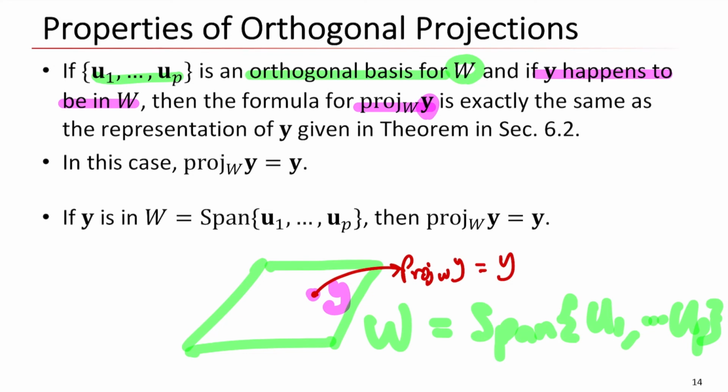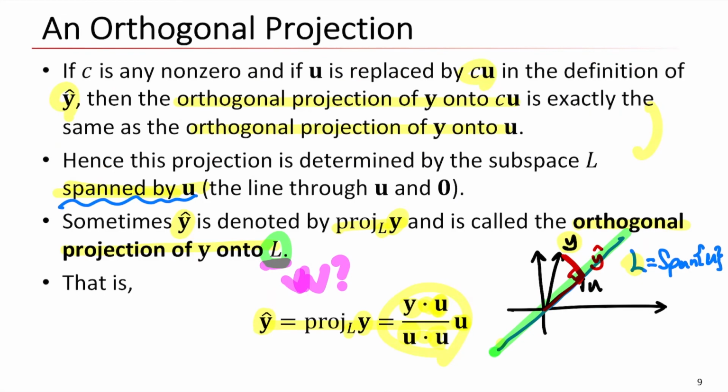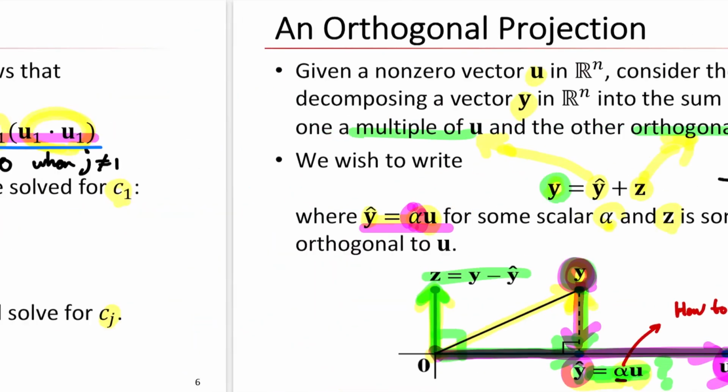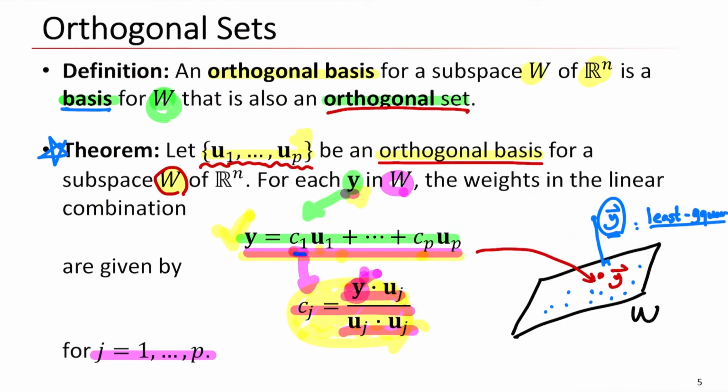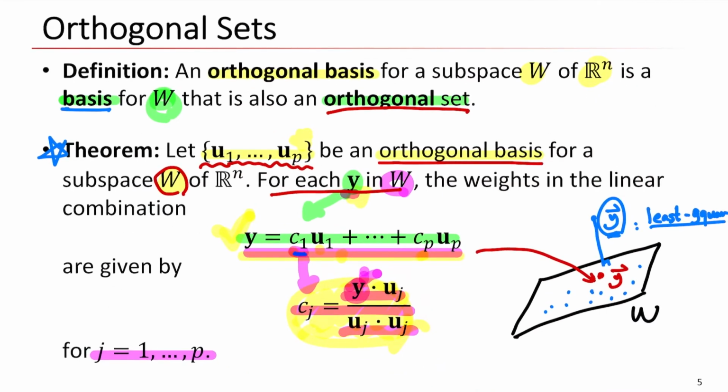Why? Because if you go back to the theorem in our lecture 9.2, where is the theorem? Here. This one, in this theorem, the y should be defined in the W space, right?